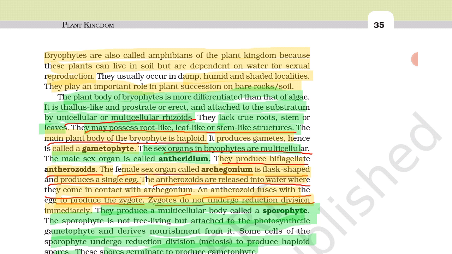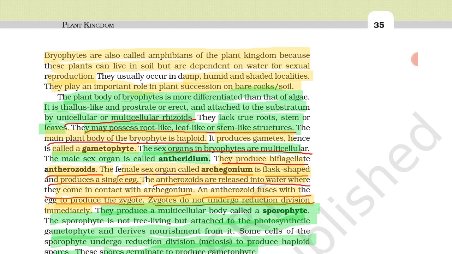Then the plant body of bryophytes is more differentiated than that of algae. Earlier we have seen three types of algae: Chlorophyceae, Phaeophyceae and Rhodophyceae. After algae we are studying bryophytes, and bryophytes are more differentiated than algae. The body is thallus-like, prostrate or erect, and attached to the substratum by unicellular or multicellular rhizoids.